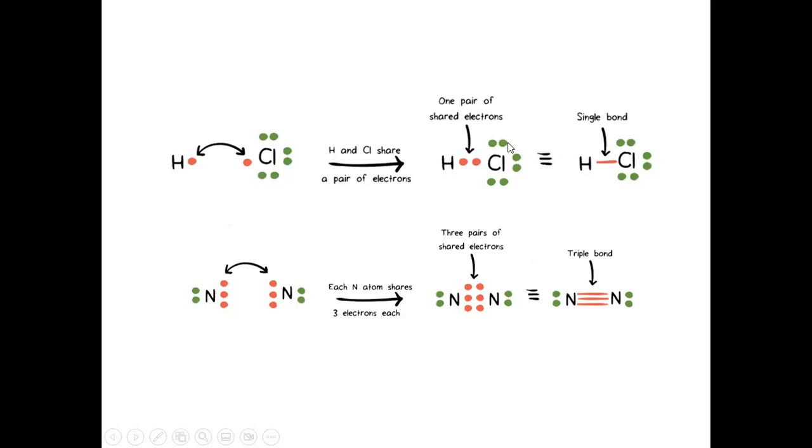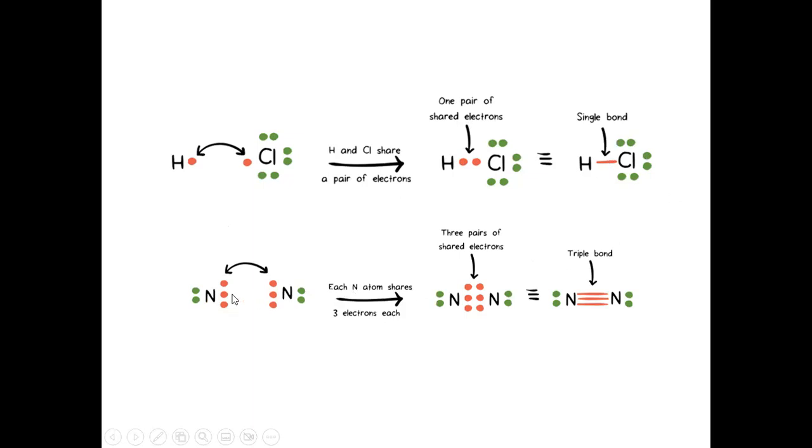Okay, so just to recall from secondary school, when we learned about valency, how hydrogen and chlorine share electrons, one pair shared, become HCl, right?